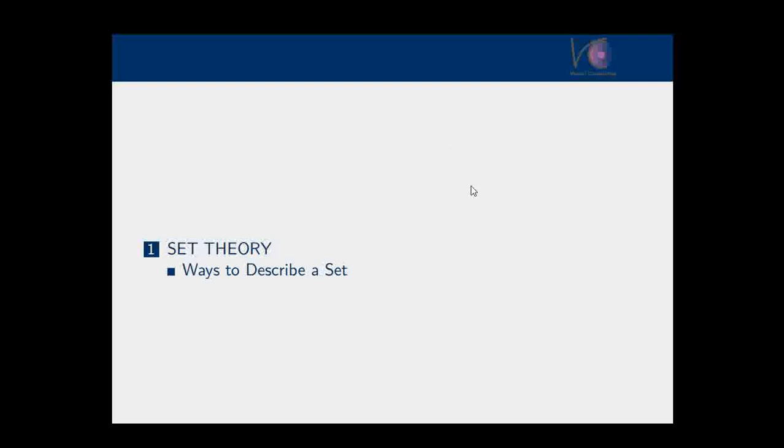Just a quick look back at the characteristics we mentioned last time. We said for any collection of objects to be called a set, number one, it must be well defined.